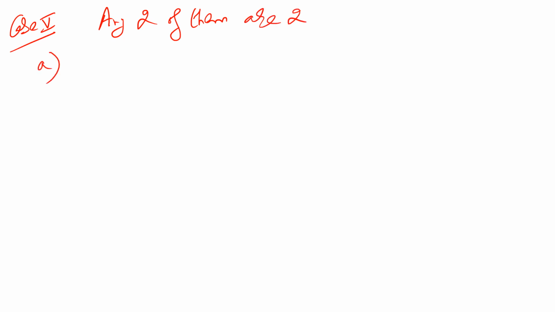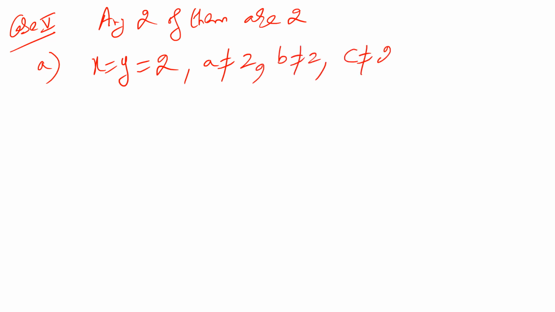Now students, we discuss the fifth case, and that is any two of them are equal to 2. Now if I take the first subcase, I will be setting both X and Y as 2, and A not equal to 2, B not equal to 2, C not equal to 2. Right?